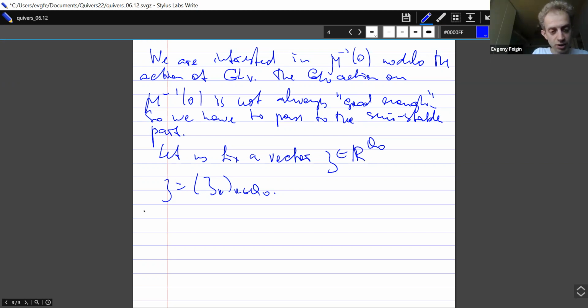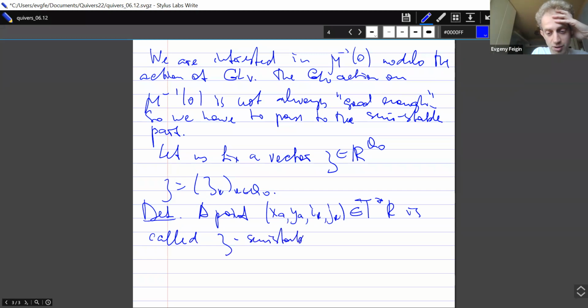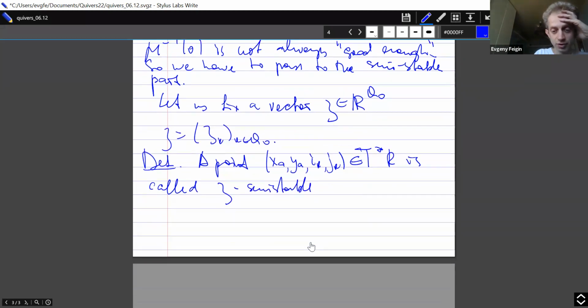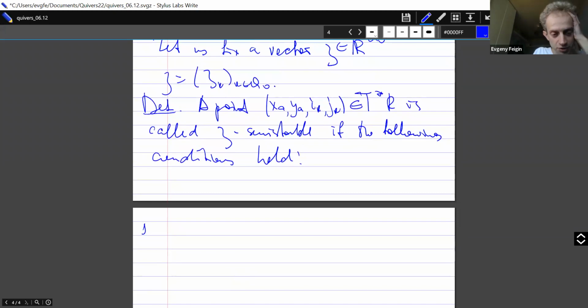So now the definition is as follows. A point xa, ya, ik, jk in T star of R is called psi semi-stable if the following conditions hold. The first condition is as follows.